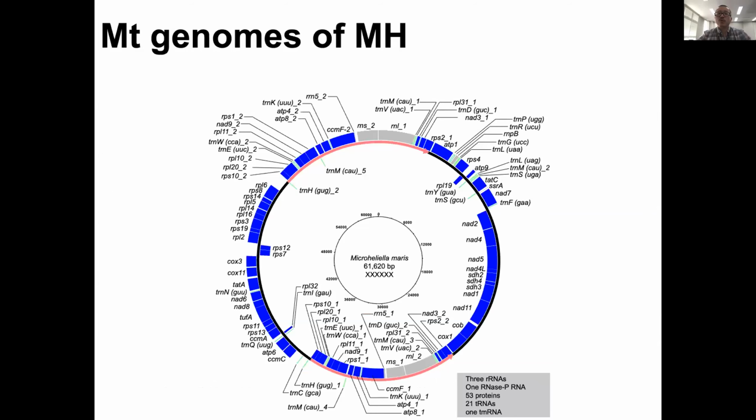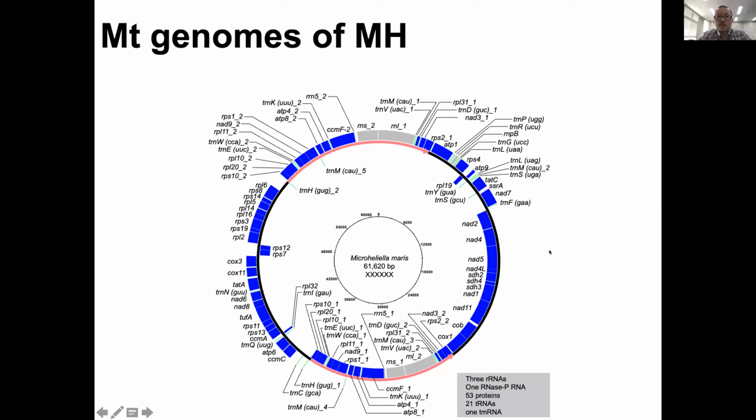the mitochondrial genome of MH. We successfully determined the full genome sequence of the mitochondrial genome of MH. This is a 61 kilobase pair circular chromosome, and there is a pair of inverted repeats; the red arrows are indicating the inverted repeats.